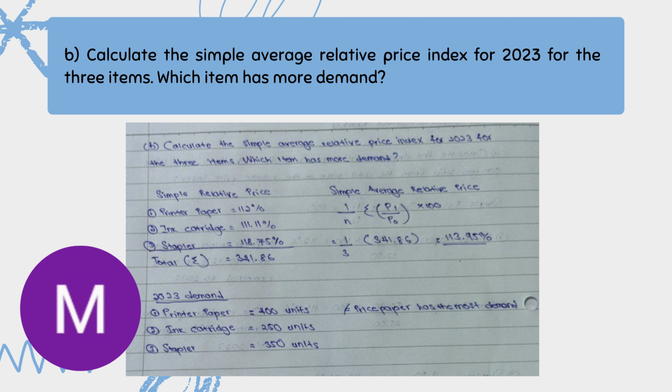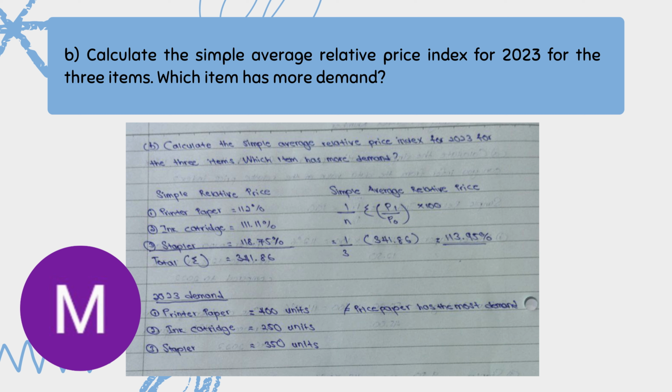When we add them together, we got a total of 341.86%. Now we can substitute into the simple average relative price formula, which is 1 over n times the total of the relative price index.